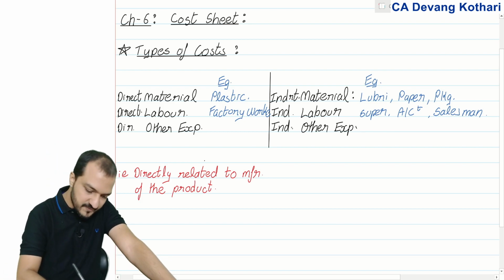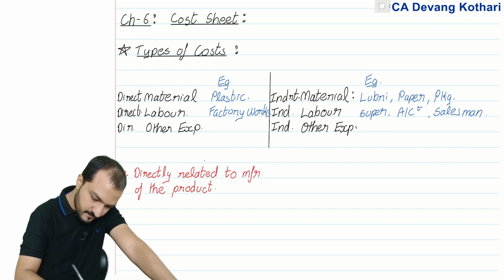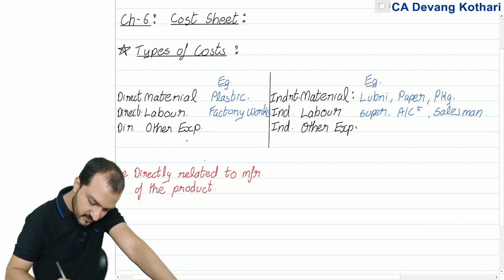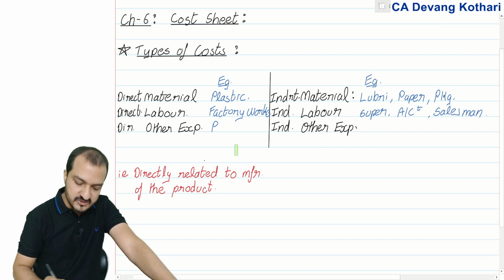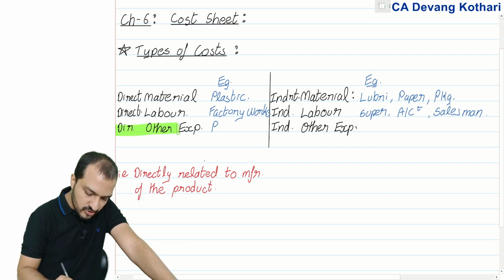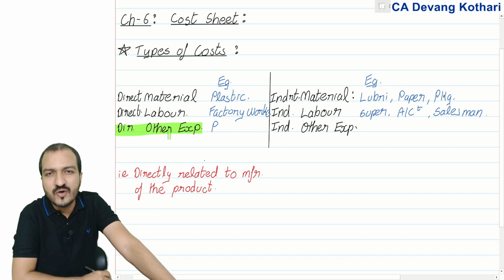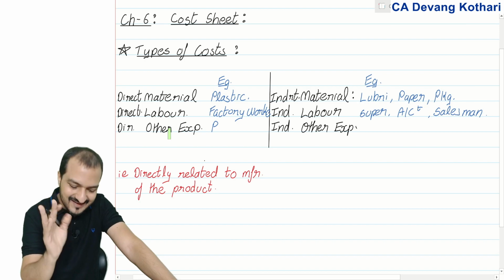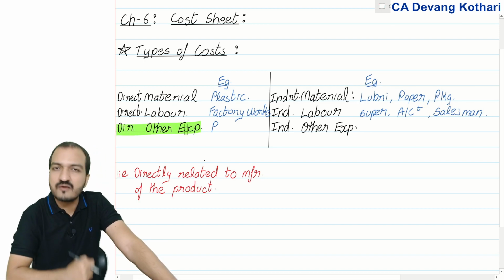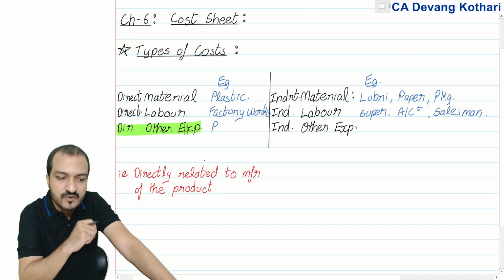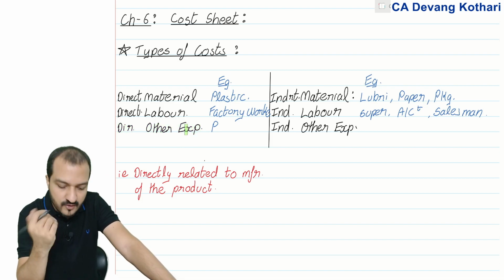But for other expenses, direct cost, I'm giving one example, because there are very few examples for direct cost of other expenses. Very few examples. Most of your questions will not contain direct expenses because there are very few examples. So for that, I am not asking you for an example.